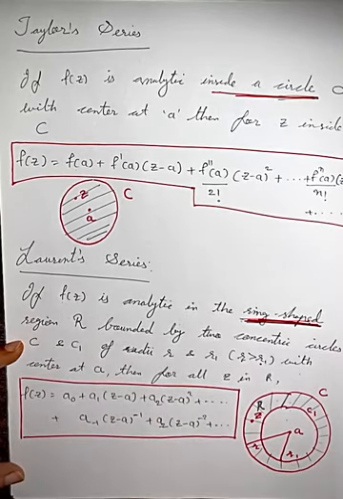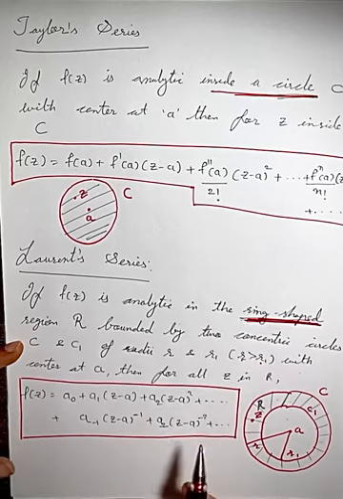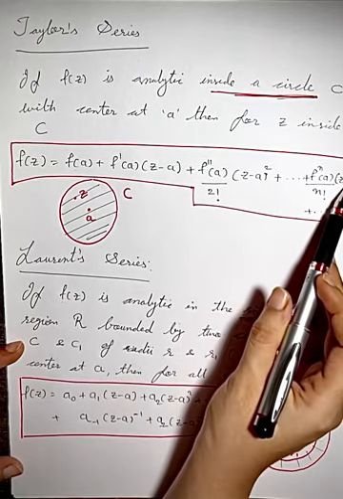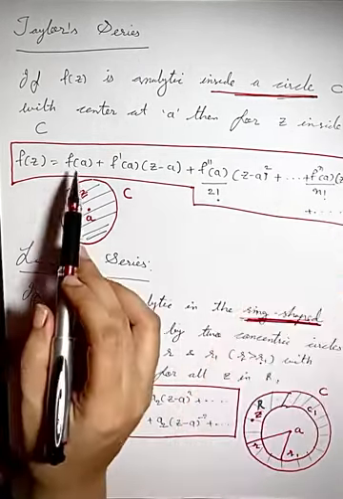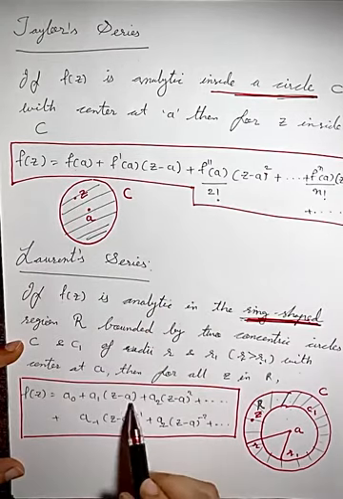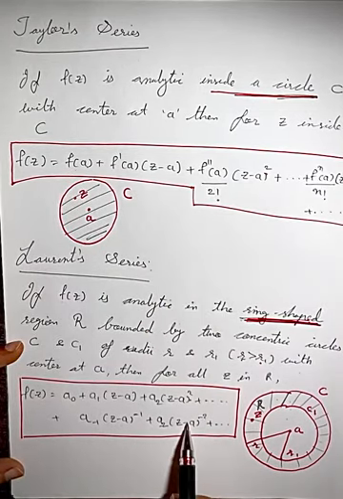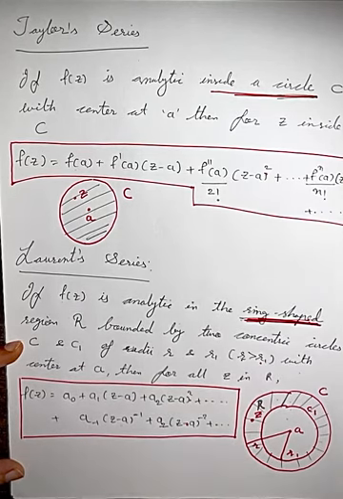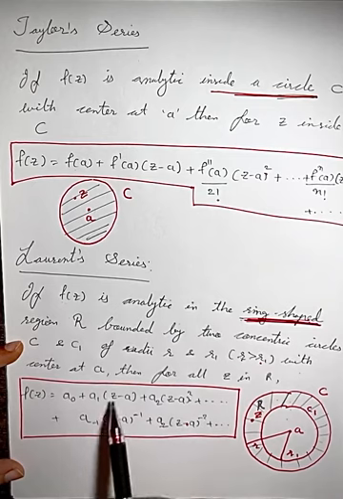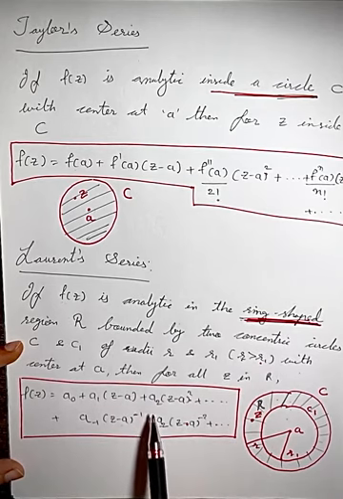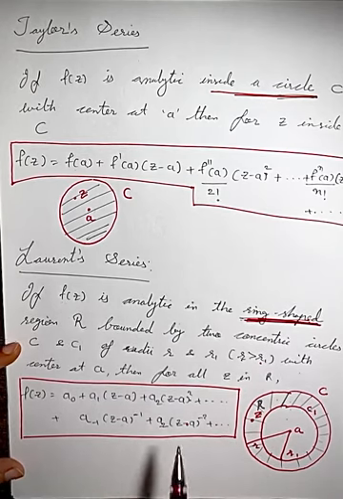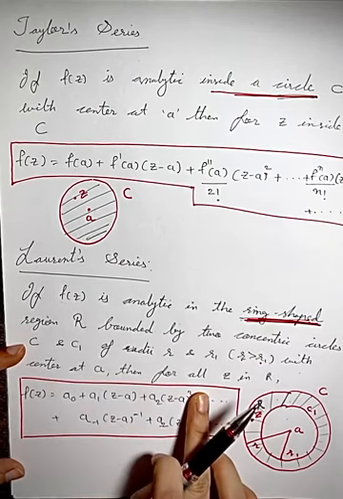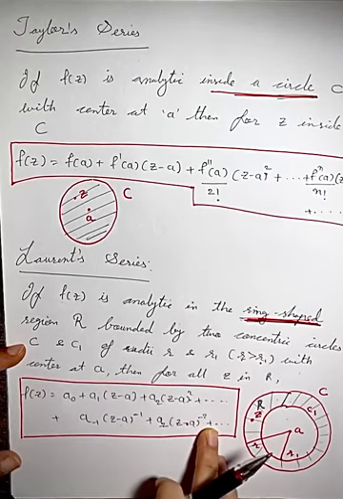Now when you have some kind of series, how do we know which series it is? When we have only positive powers, we know that it is a Taylor series. When we have both positive and negative powers, then we say that it is a Laurent series. It is also possible that you don't have the first string and have only the negative power containing string.